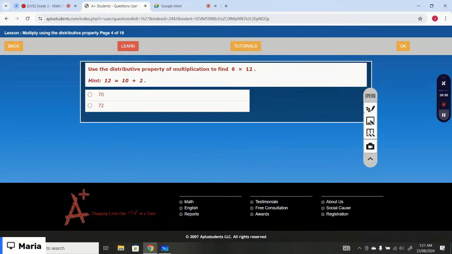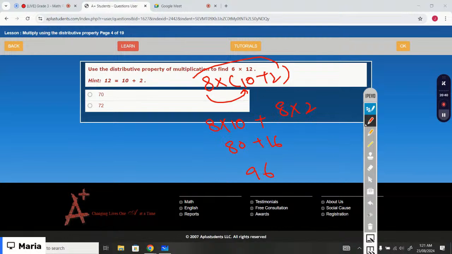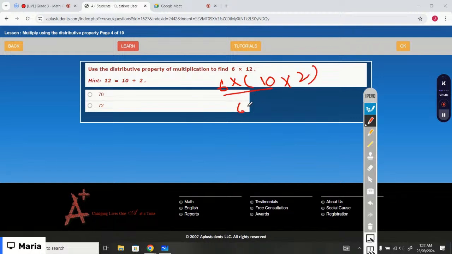You have to just replace the 12 with 10 plus 2. So you have to do 6 times 10 and plus 6 times 2, right? So 6 times 10 is 60 and 6 times 2 is 12. So that is 72. The correct option is 72. Option number 2 is the correct option.